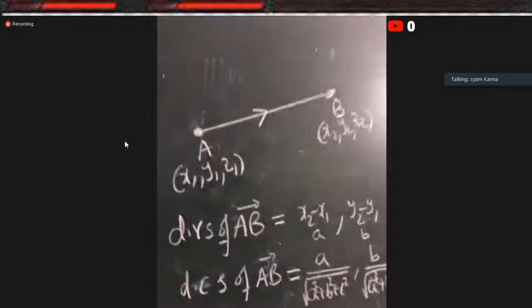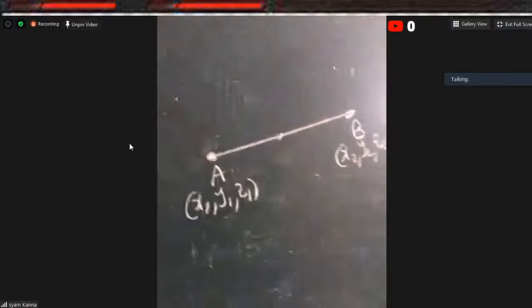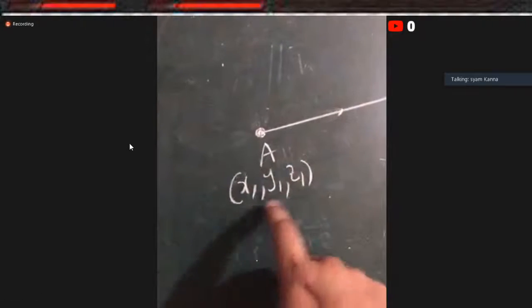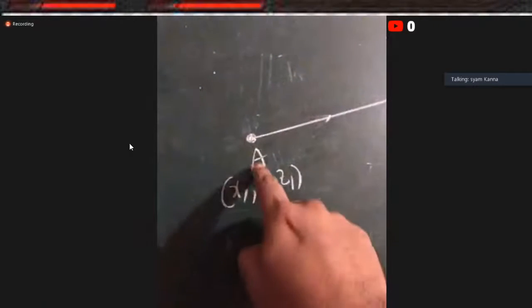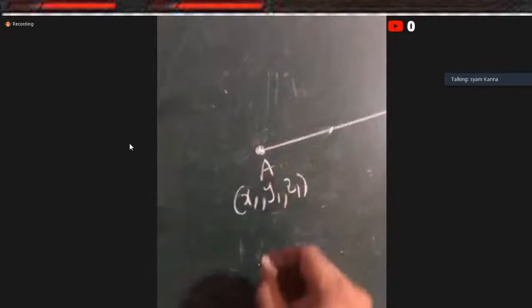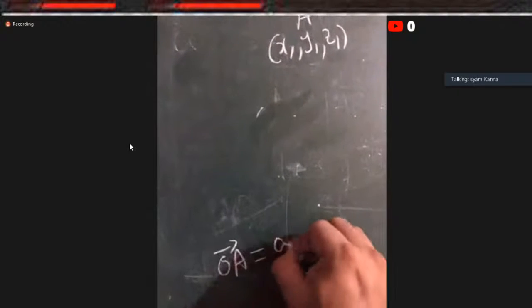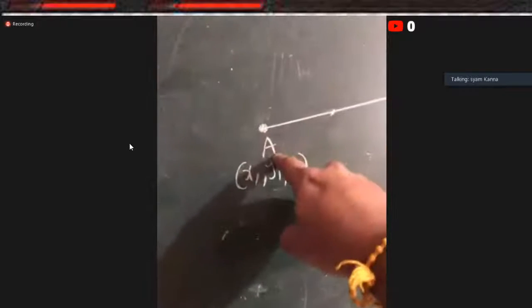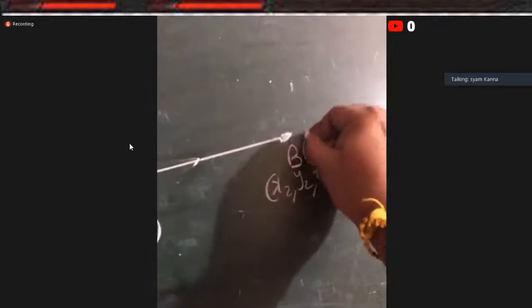Now, this is a point A, whose coordinates are this. Sir, what about vectors? The position vector of this is OA bar. I am writing it here. Generally we shorten it to A bar. For point A, the position vector is generally denoted with the same small letter. For B, we denote B bar.